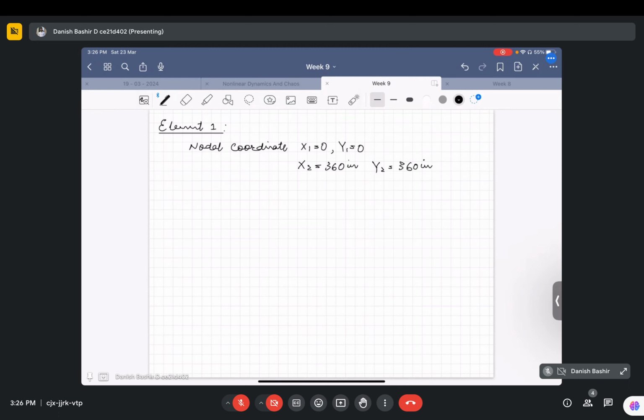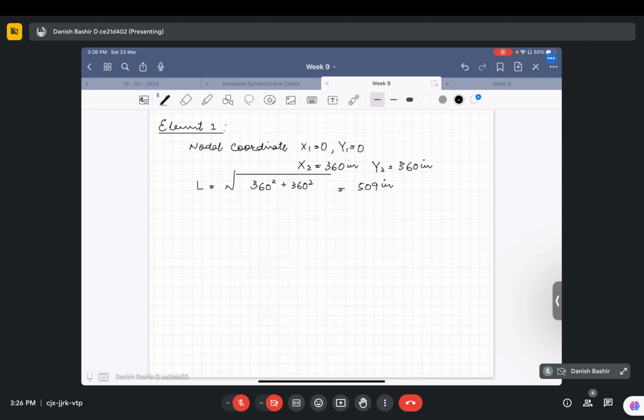Okay, so the length of this element L will be equal to the square root of 360 squared plus 360 squared, which comes out to be 509 inch.